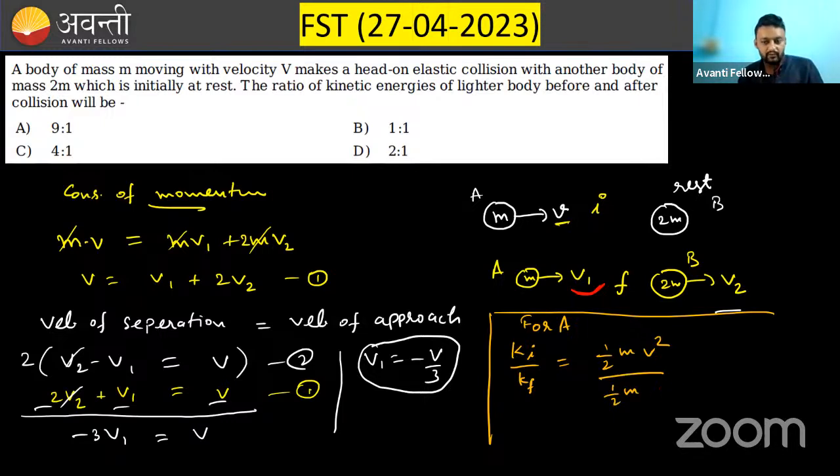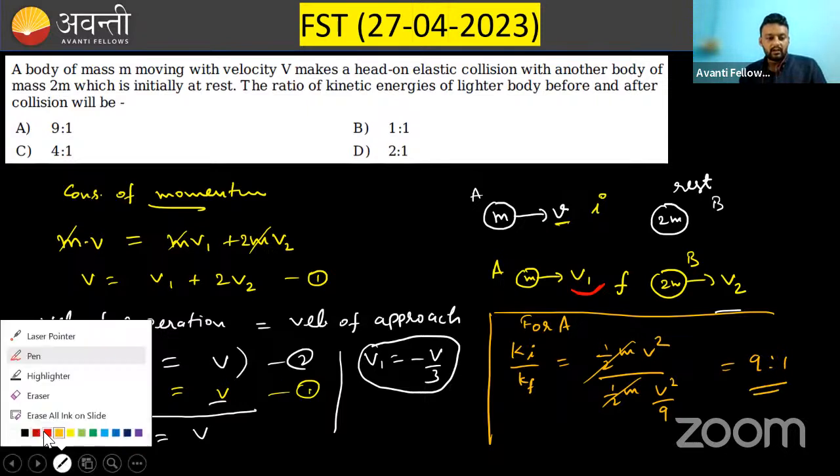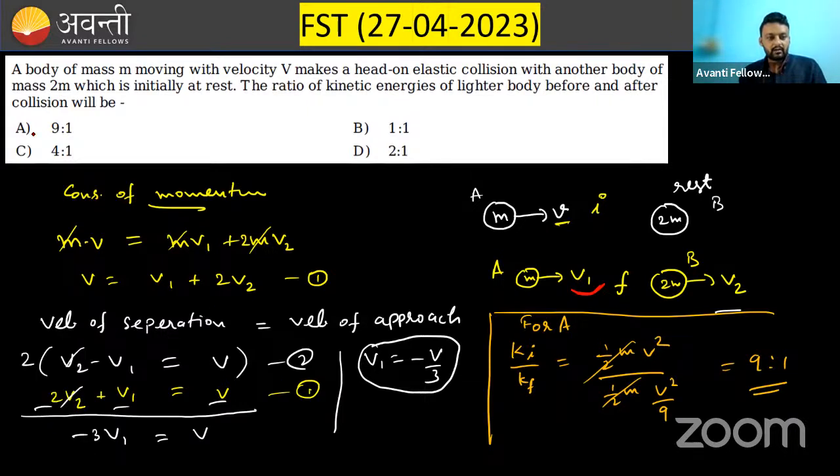If you see that v1 square is v square by 9, half m will be cancelled. V square and V square will be cancelled. That is 9 ratio 1. Which is again option number A. Are you able to understand this thing? I hope the question is clear to you.